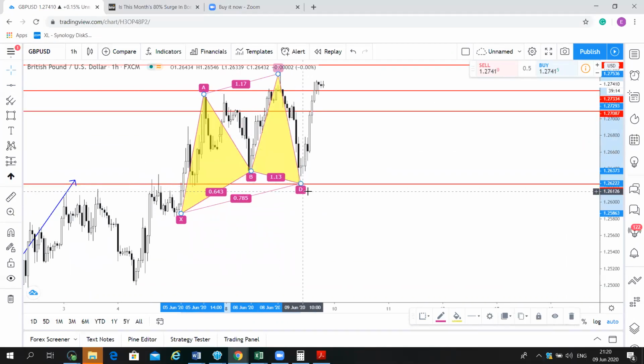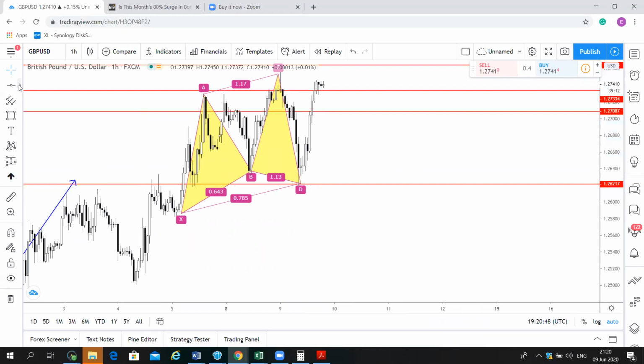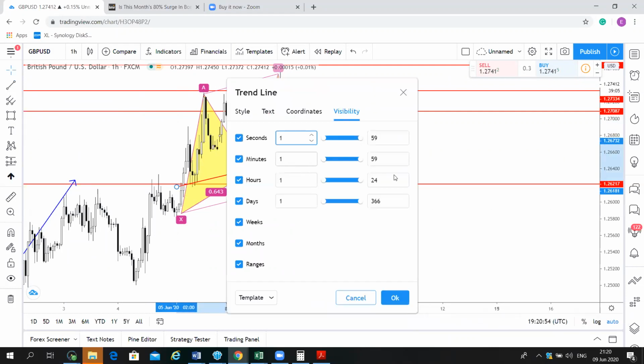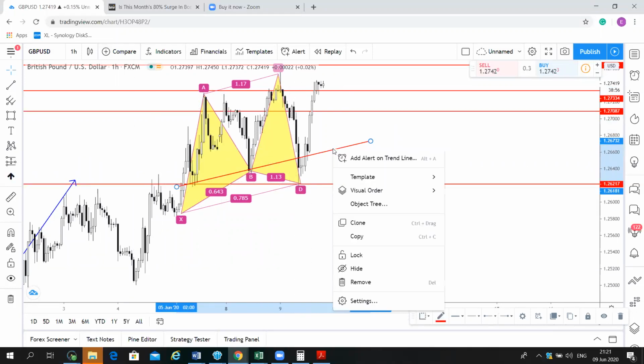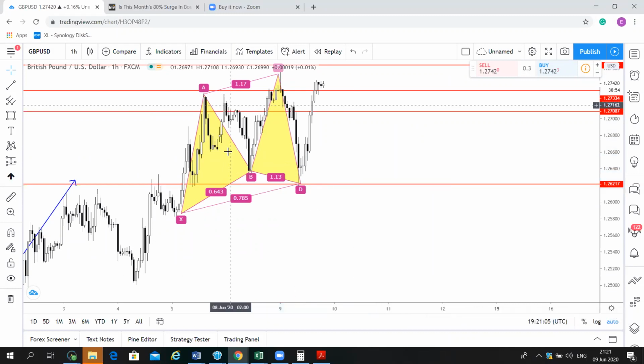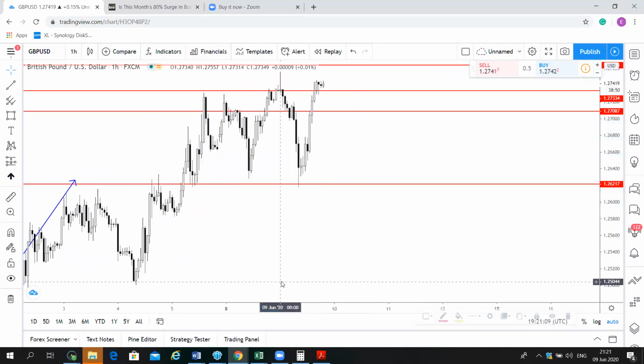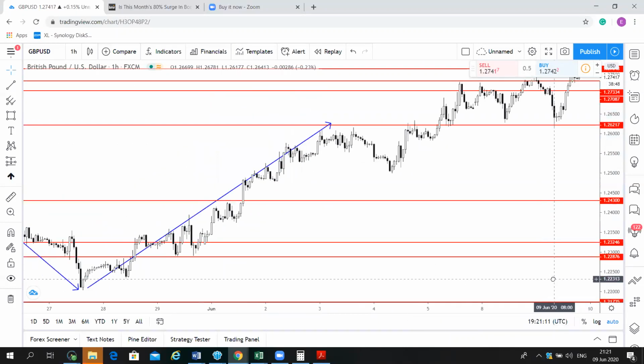However, because we are at the support, you cannot come and tell me that this is the neckline somewhere here, and that I must therefore sell on the break of the neckline and hope to go to this area. We are at a support, you see. So you must just wait, because the market doesn't really favor you that much. So there are other really major things to look at.